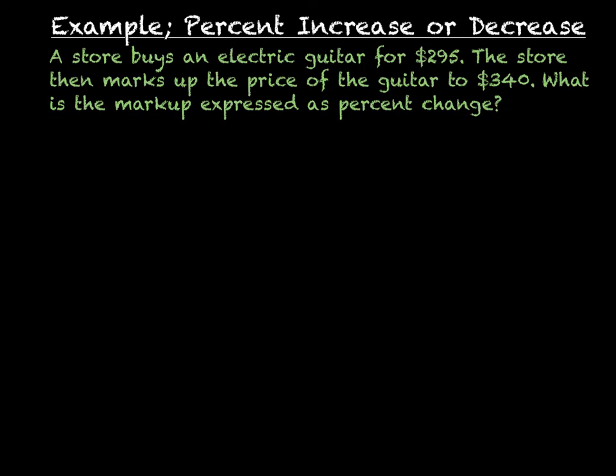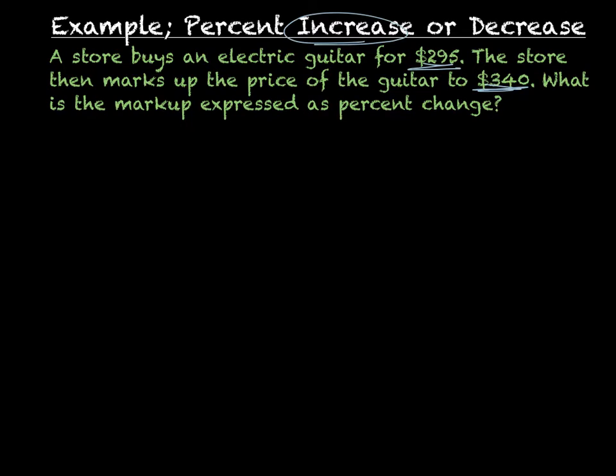For this next one, a store buys an electric guitar for $295. The store then marks up that price of the guitar to $340. What is the markup expressed as a percent change? So this will be a percent increase. Alright, so we do the same thing.